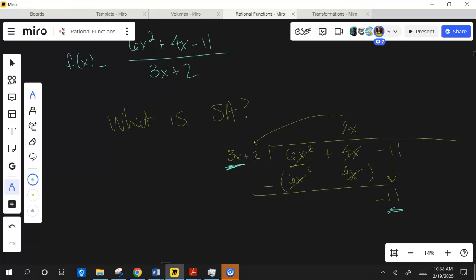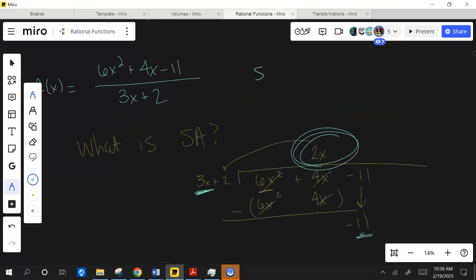Do not worry about your remainder. Once you get to that point, you take what's up top and you go, okay, I have a slant asymptote at y equals 2x. You only look at first terms. It's always just first terms.